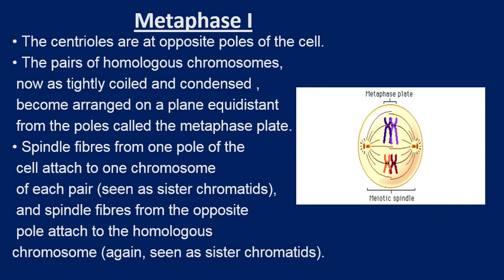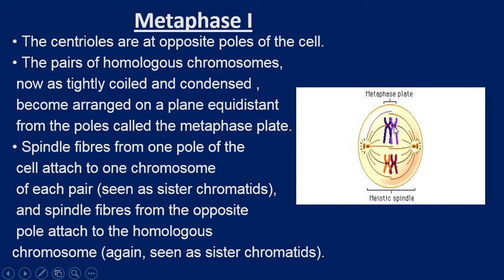Then the second phase is metaphase 1. The centrioles are at the opposite poles of the cell. You can see these are centrioles, and centrioles are at the opposite poles. The pair of homologous chromosomes are now tightly coiled and condensed.